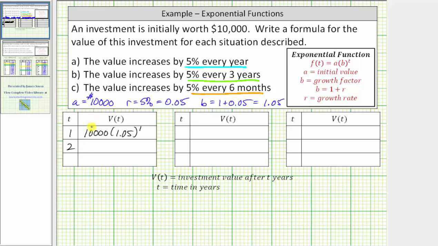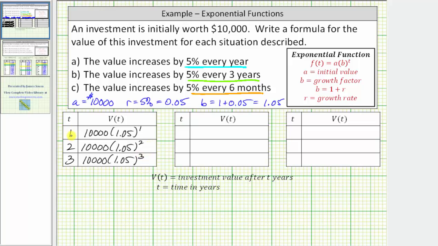After 2 years, the value increases by 5% twice, which means you'd have to multiply 10,000 by 1.05 twice, or 1.05 raised to the second power, or 1.05 squared. And after 3 years, the value increases by 5% 3 times, and therefore the value of the investment is 10,000 times 1.05 raised to the third.